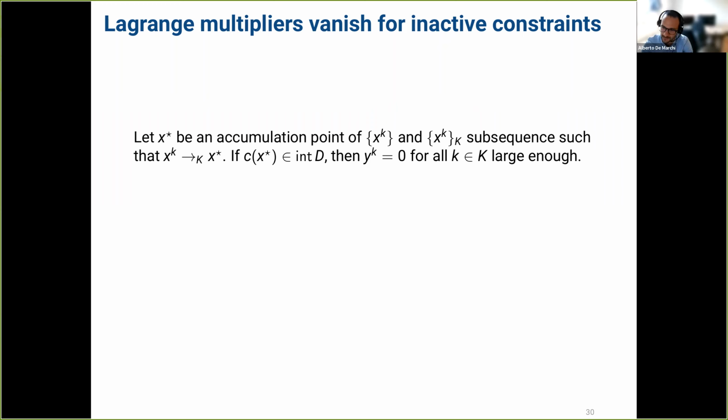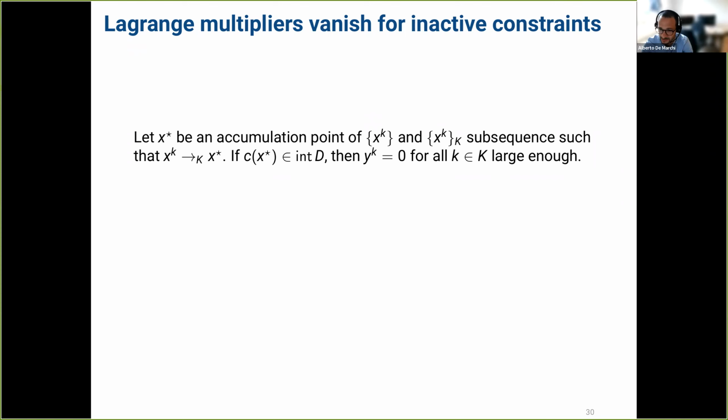If an accumulation point of the sequence created by this scheme is in the interior of the feasible set, so here c of x star is in the interior of the set D, then the multipliers are identically 0 after finitely many iterations.